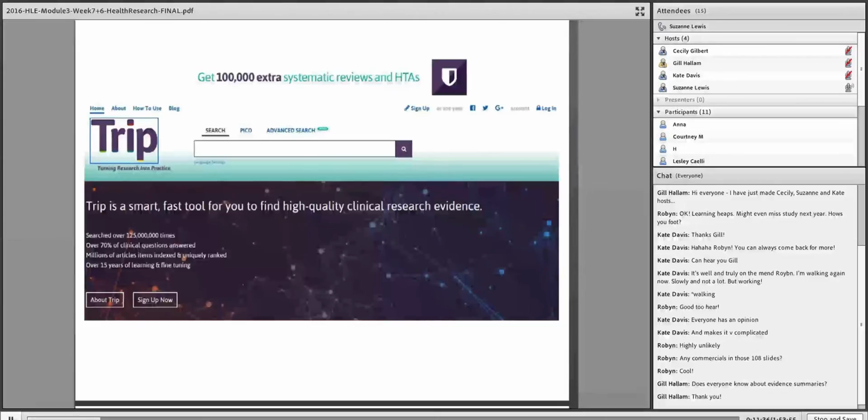Now, the advanced search is only open to TRIP Pro users, and this means that you have to register and sign up and I think pay some money. I've never done that, never paid any money. You can just stick to the basic search and the PICO search and just use TRIP for free.